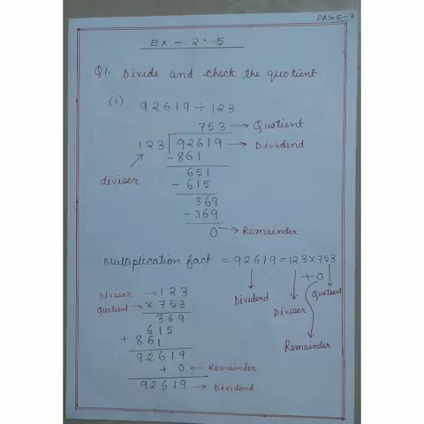Now let us do some exercises from 2.5. Question number 1, divide and check the quotient. 92619 divided by 123. So the divisor is 123, the dividend is 92619. 926, I can take 7 times. So 123 into 7 is 861.